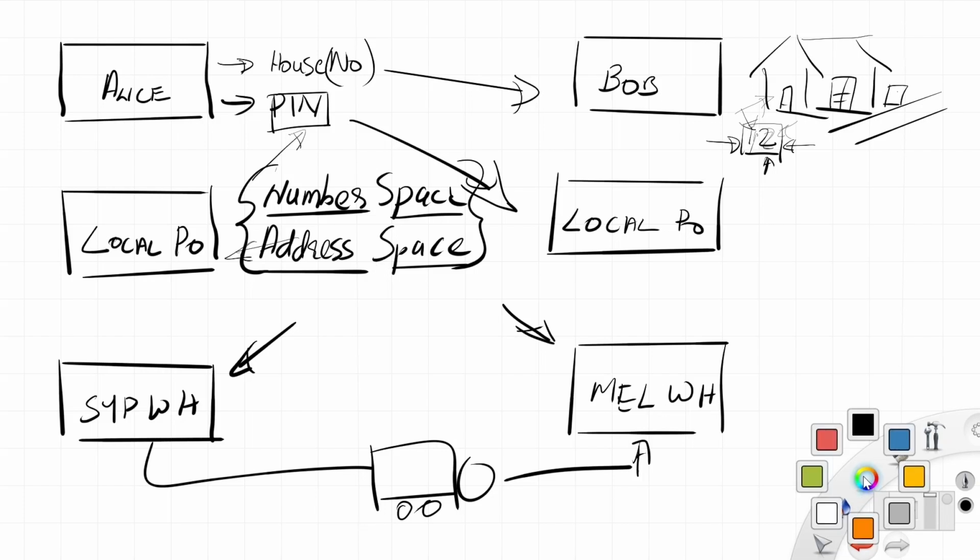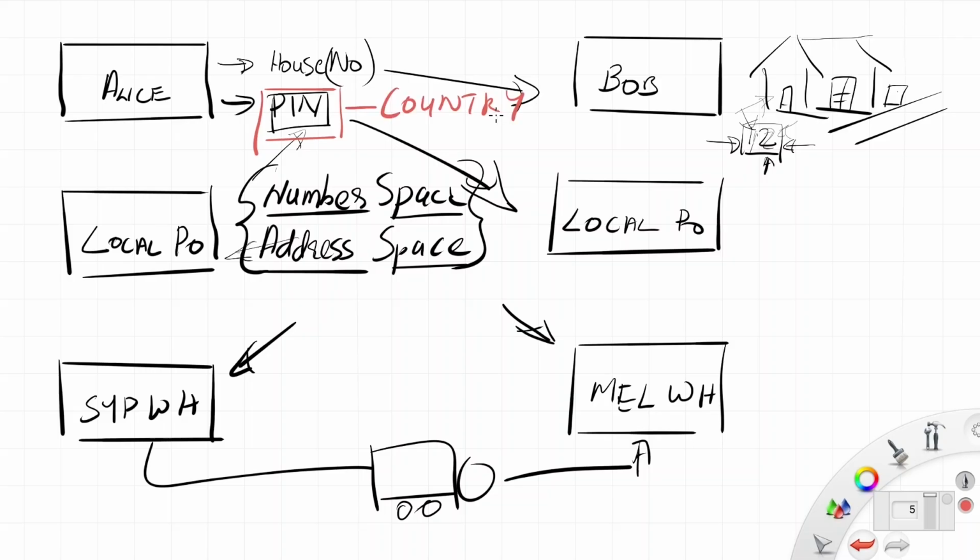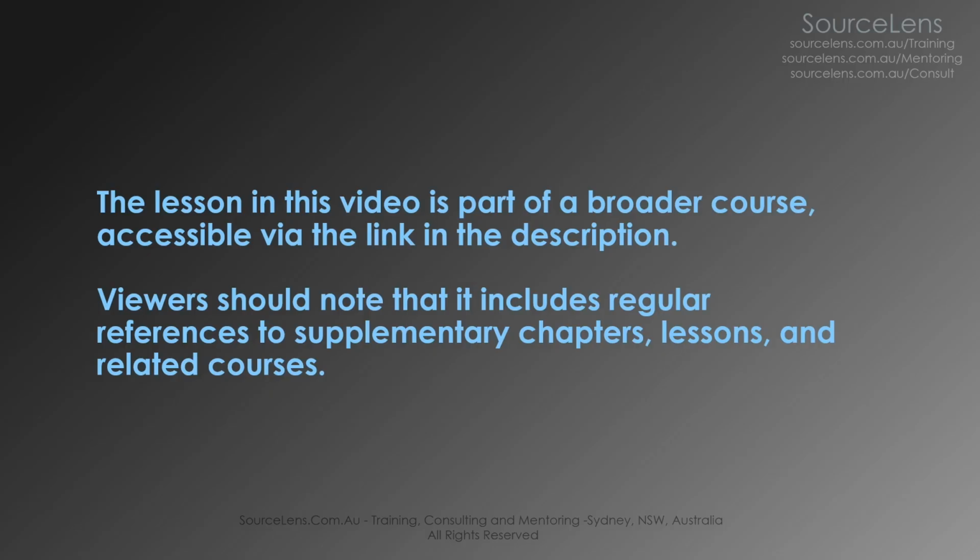Not just in computer science, we use this concept left, right, and center in other places as well. So the idea is the pin code is unique in a country, but it is not unique between countries. So the number space or the address space, both are the same thing, of pin code is a country.